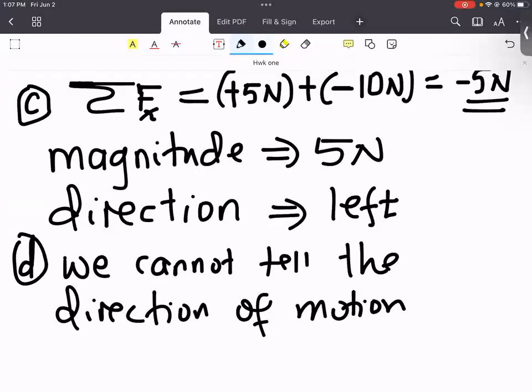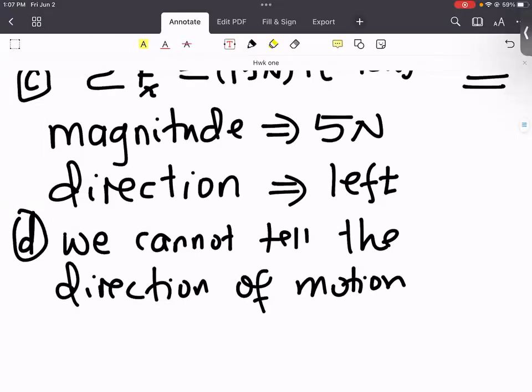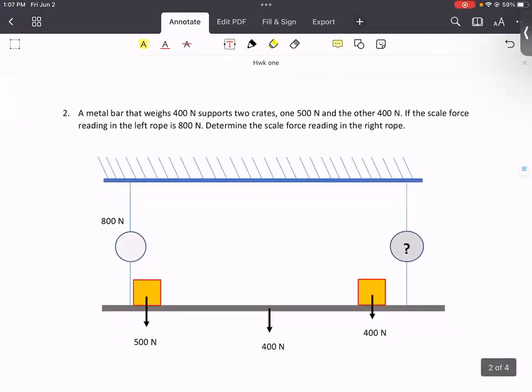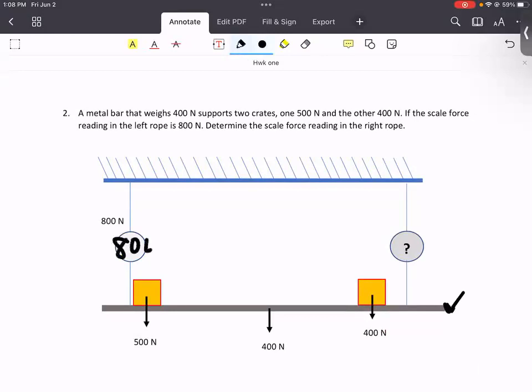All right, so let's move on to the other question here. We have a metal bar support here, and we have a scale right here to read 800 newtons.